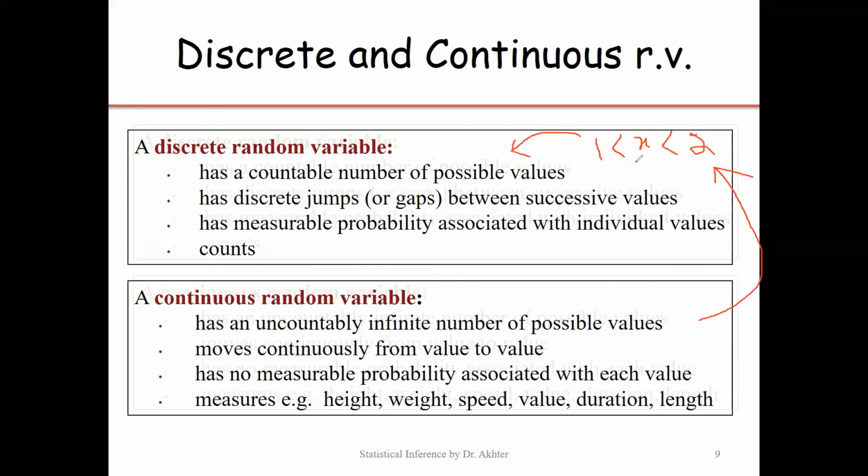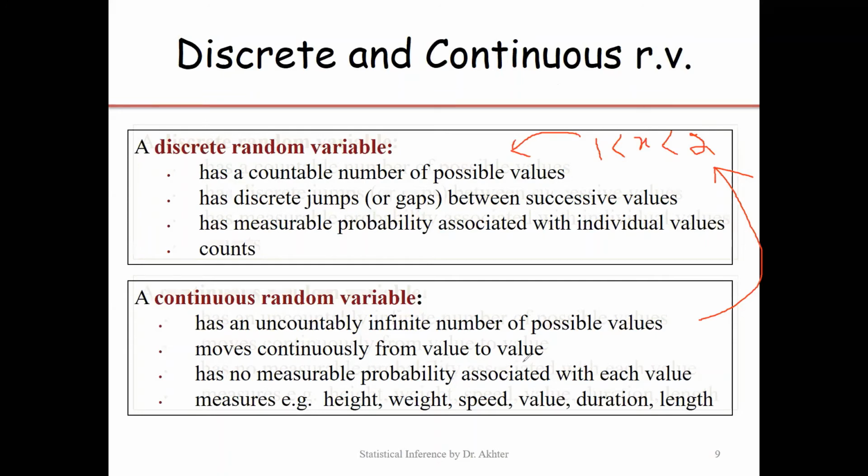If it is discrete, then nothing will be in this interval. If it is continuous, we may have an infinite number of values in between 1 and 2. So that is basically the concept of discrete and continuous.